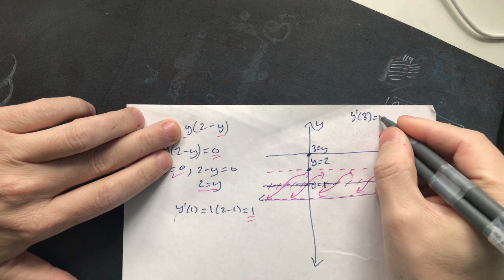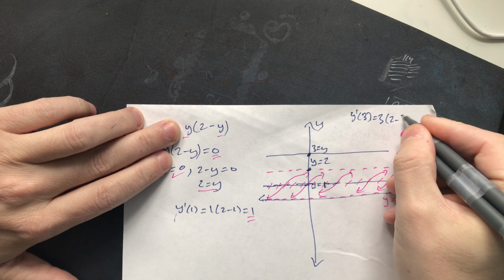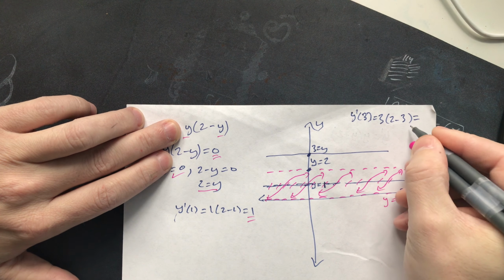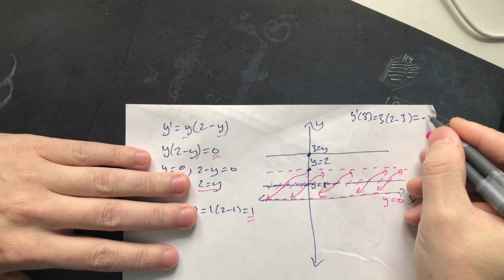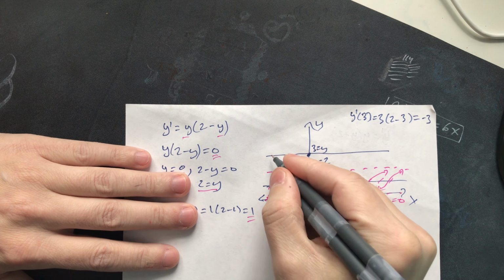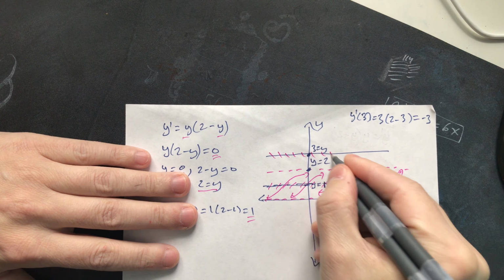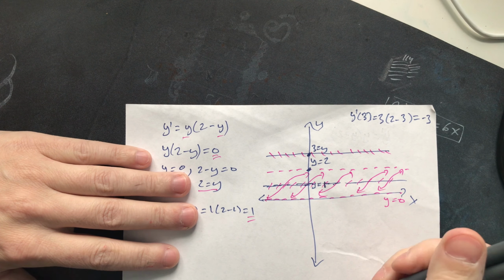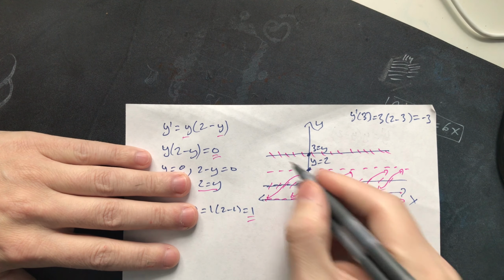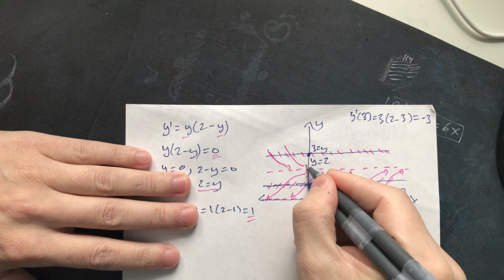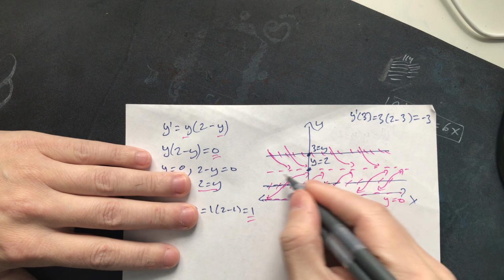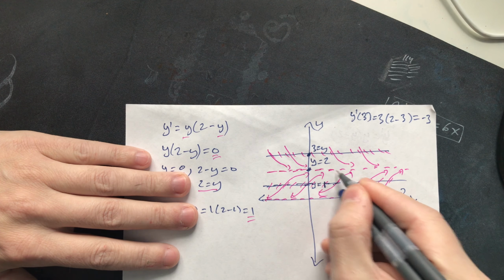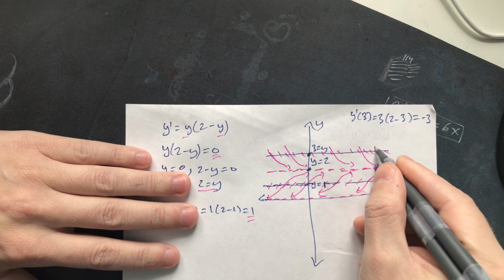And this would be 3 times (2 minus 3). So work that out: 2 minus 3 is negative 1, times 3 is negative 3. So here they will look like this. They'll be negative, you see? Like that. Each one is negative 3. So that tells us that the curves here probably flow like this, towards this line right here where the slope is equal to 0. Let me emphasize it, you see?